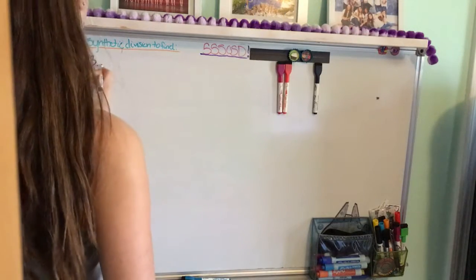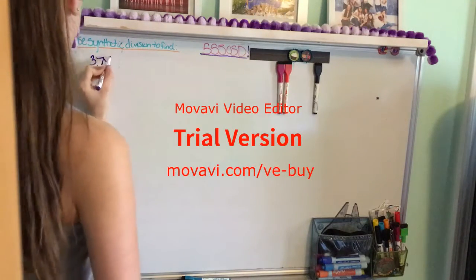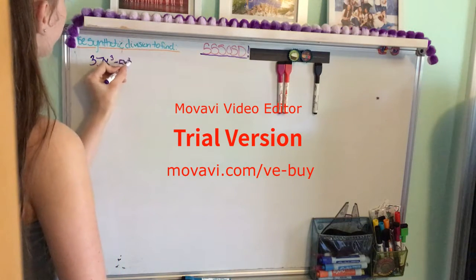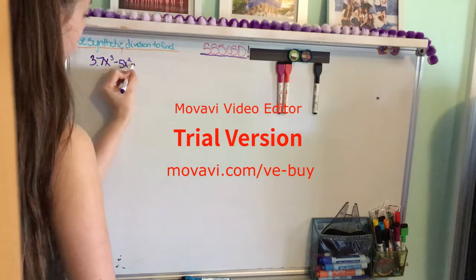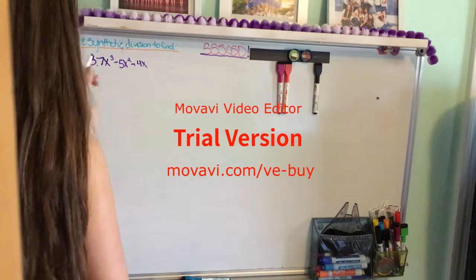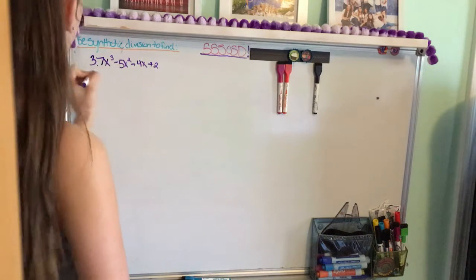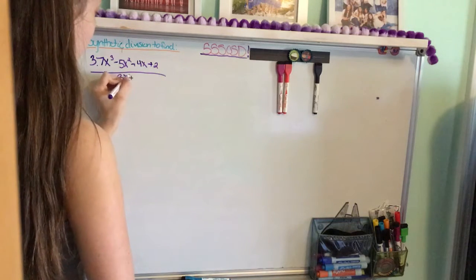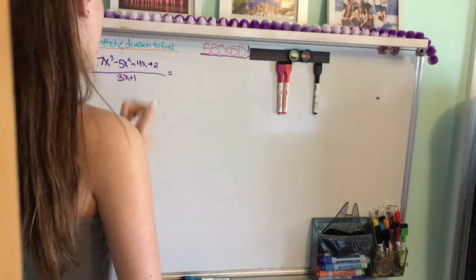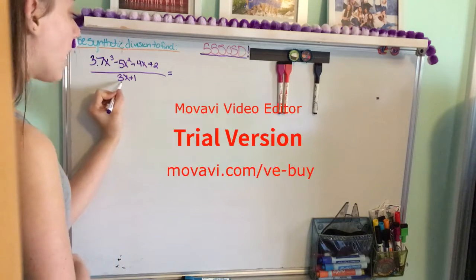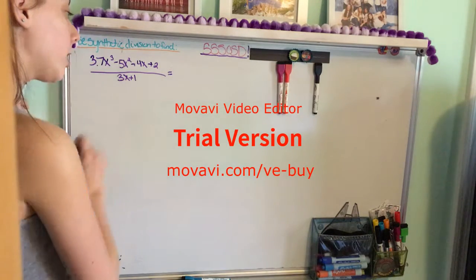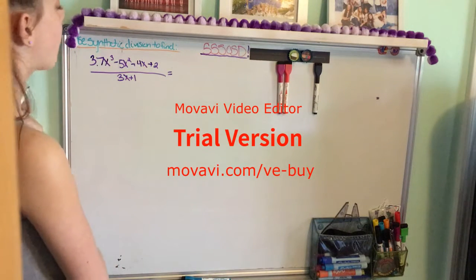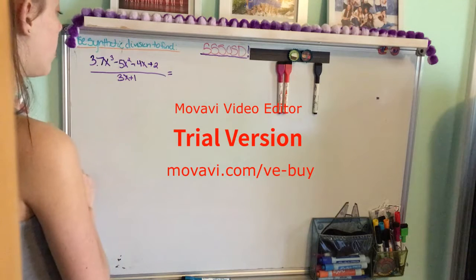We are going to have 7x to the 3rd minus 5x squared plus 4x plus 2 over 3x plus 1. And so, we have a new coefficient in front of our degree 1 polynomial because we still do not have any exponents in that bottom denominator.